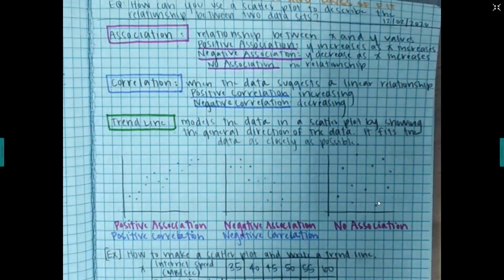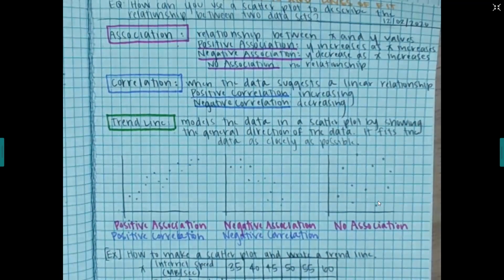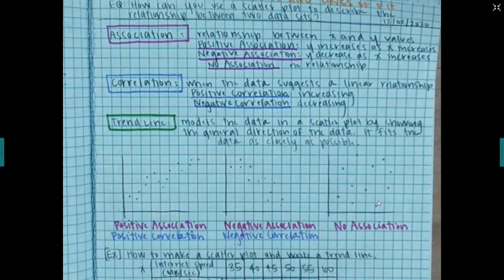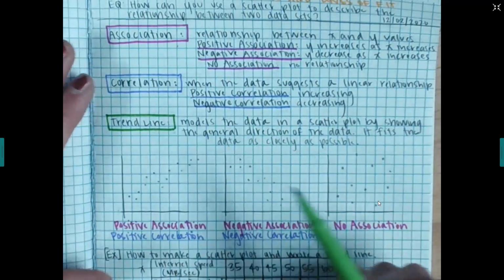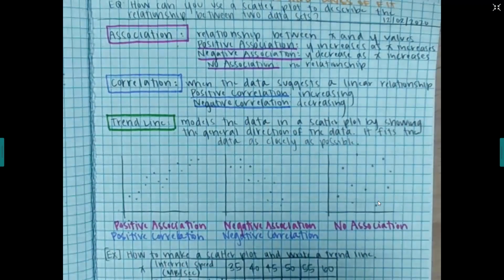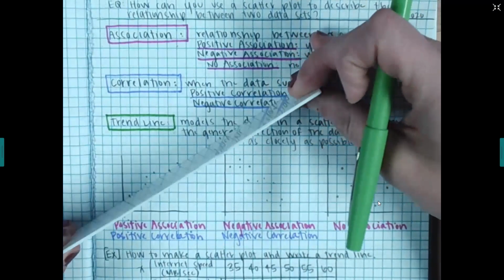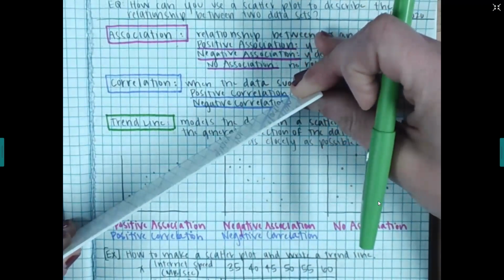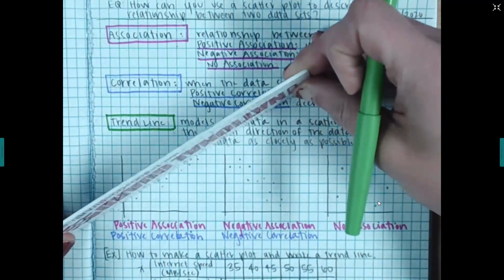Then we need to decide what our trend line is going to look like. So basically our trend line is a line that fits this data as closely as possible. So we want to look at the data points, and I'm going to use a ruler at this point, and we're going to try and figure out whereabouts we can draw this line so that there's an even number of points above it and below it.